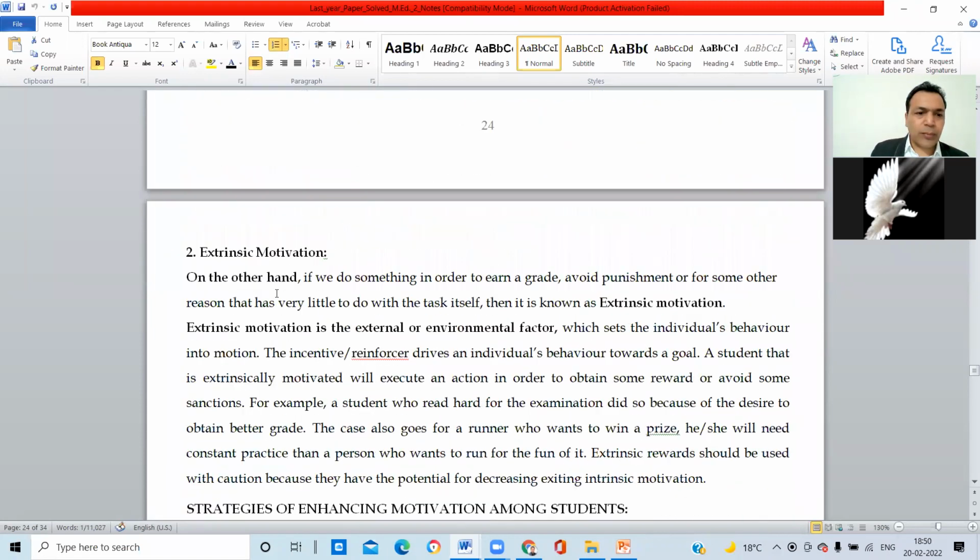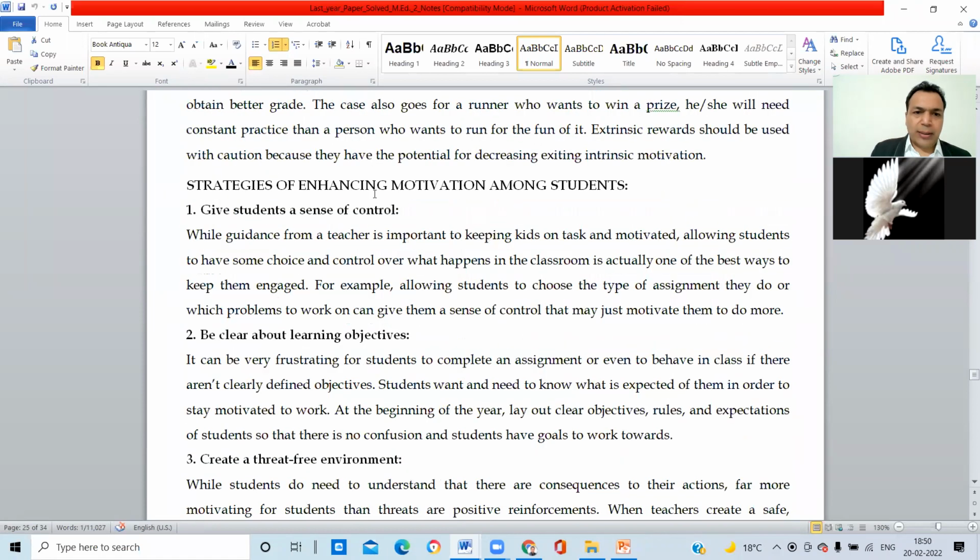Okay, so strategies of enhancing motivation among students. I talked about how the teacher inculcates motivation among students, or what are the strategies of enhancing motivation among students. Both are the same thing. You can make the heading by yourself, but this thing you have to explain. If a question on motivation comes, this is the most important thing.